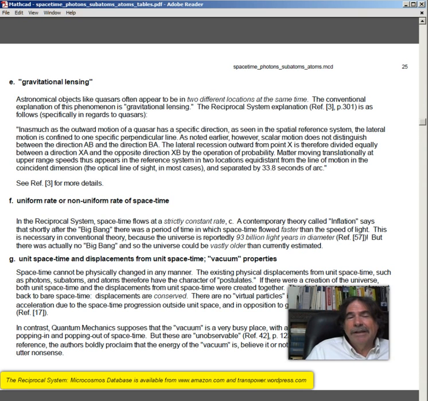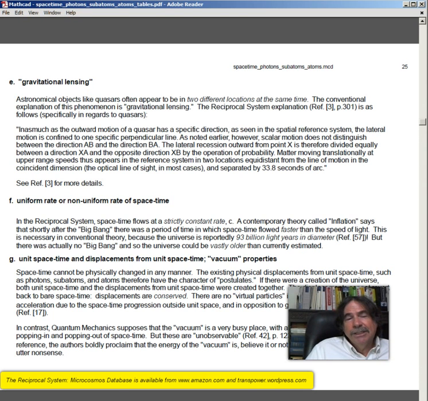This is necessary in conventional theory because the universe is reportedly 93 billion light years in diameter, according to reference 57. But there was actually no Big Bang, and so the universe could be vastly older than currently estimated.